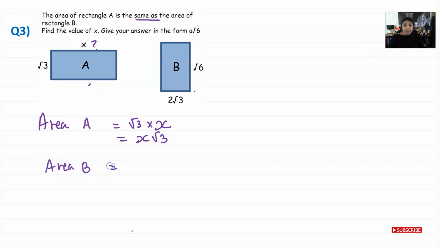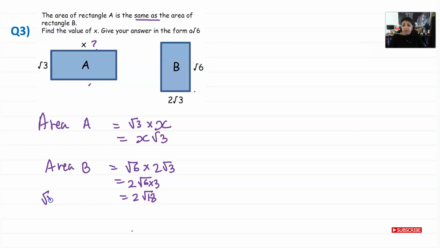Again, it's a rectangle, so it's going to be root 6 times 2 root 3. What do you get? Well, you will have a 2 and then root 6 times root 3. You can put those together, which will give you 2 square root of 18. And what can we do with this square root of 18?